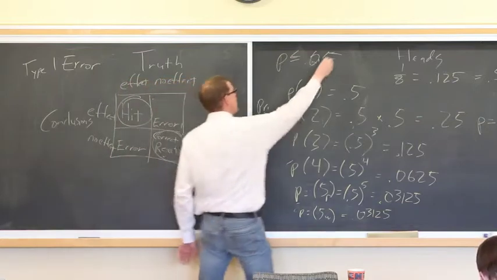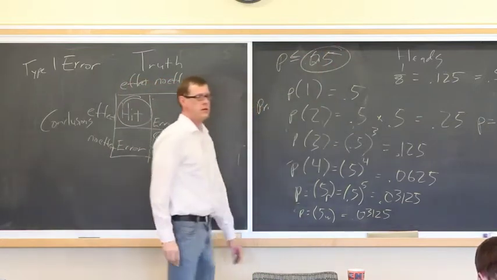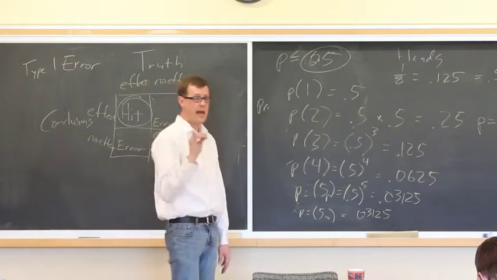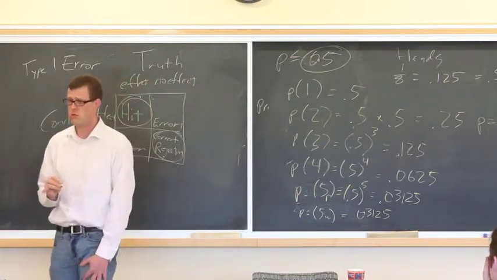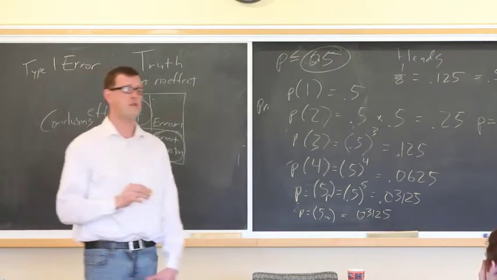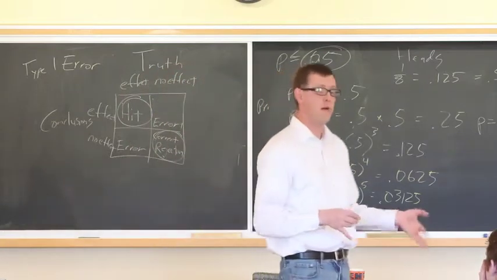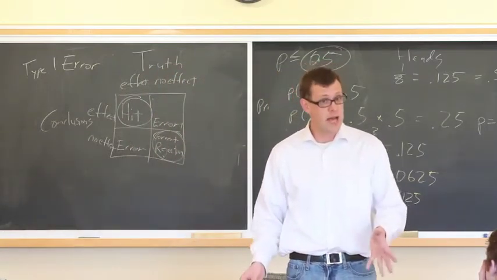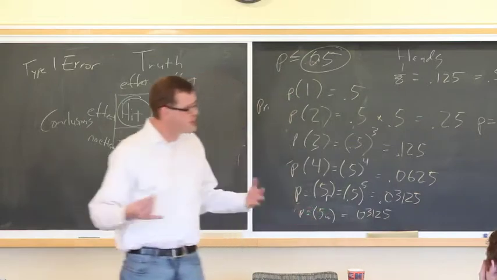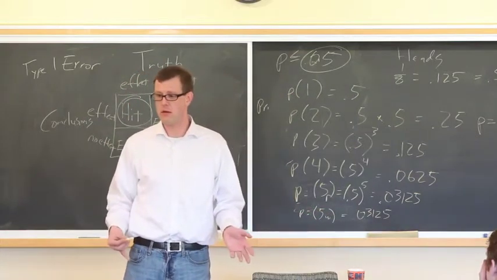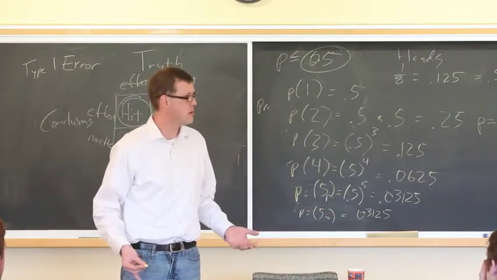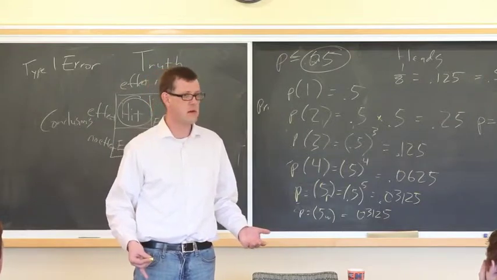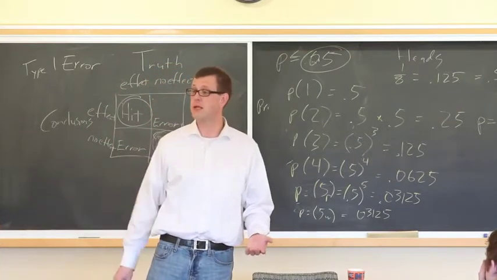Does anyone know what this value is referred to as? If you've taken stats, hopefully you'll know. I'll give you a forced choice. Is it alpha or beta? Alpha, yes. And who decides what alpha will be for any test? The person running the test, that's exactly right.